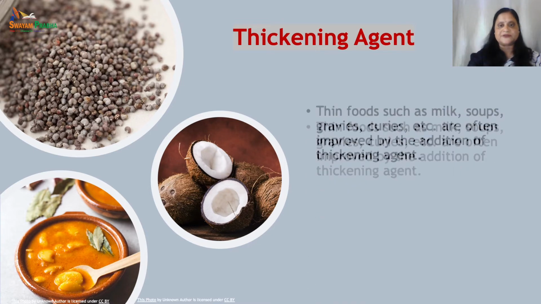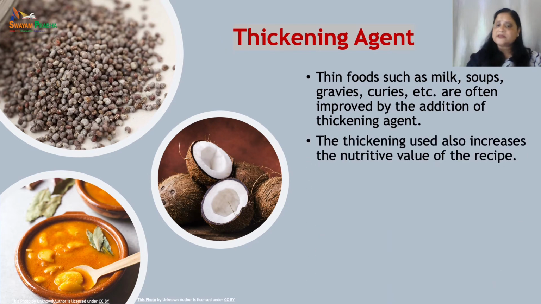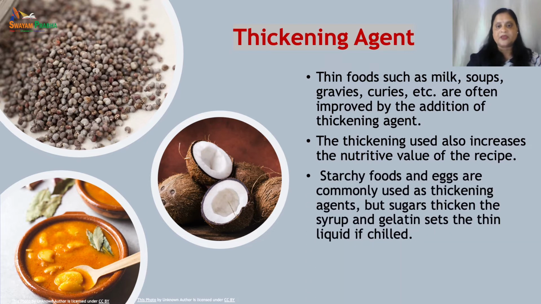Thickening agent. Thin foods such as milk, soups, gravies, curries, etc. are often improved by the addition of a thickening agent. The thickening used also increases the nutritive value of the recipe.